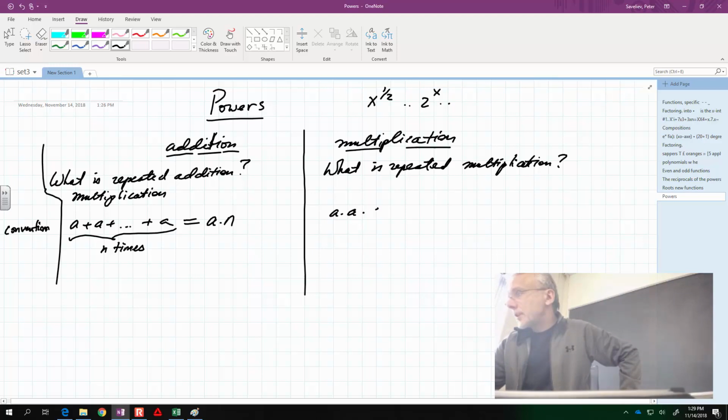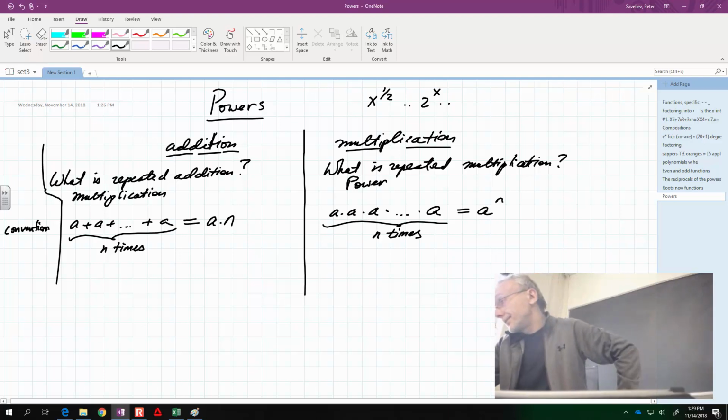A times a times a times a, n times. It is a power, yes. The answer is power. a to the n. Power, in other words, is exponentiation.